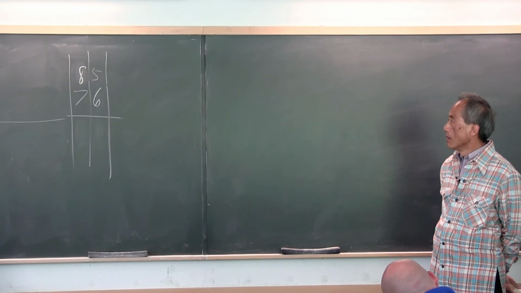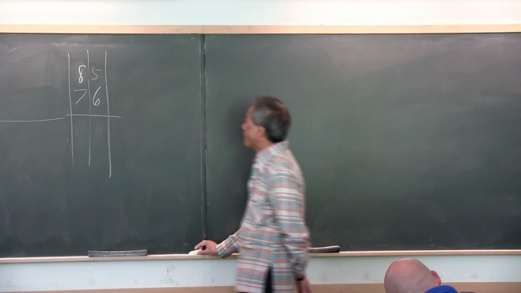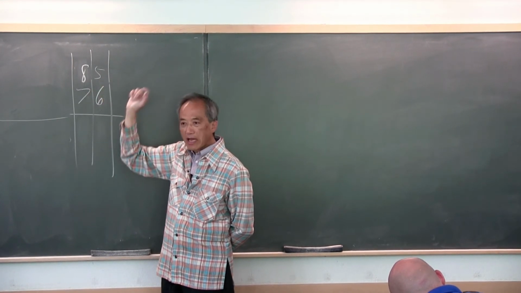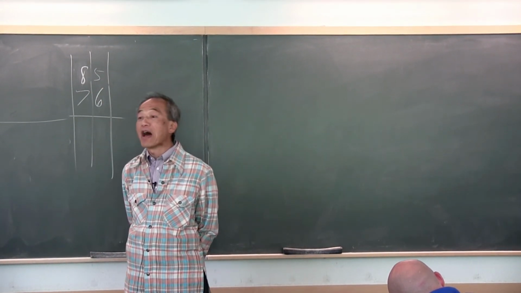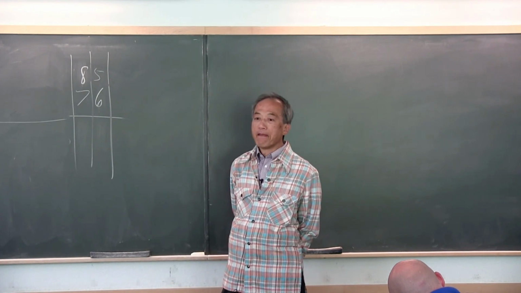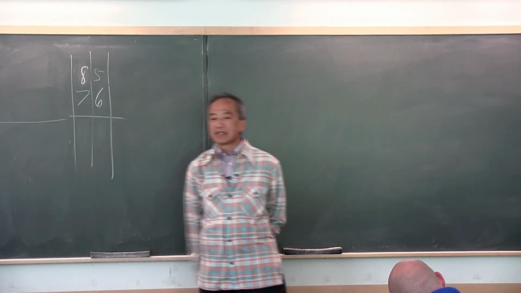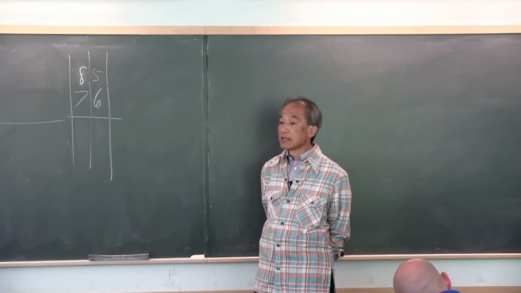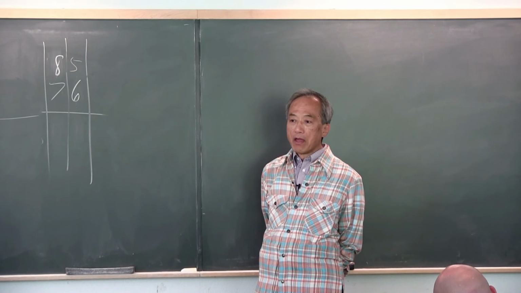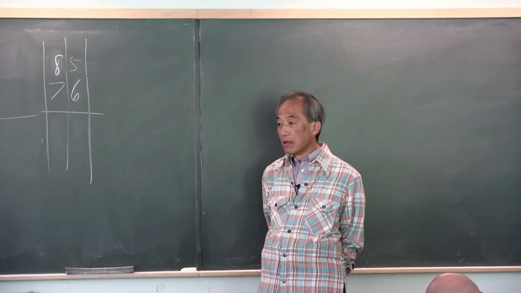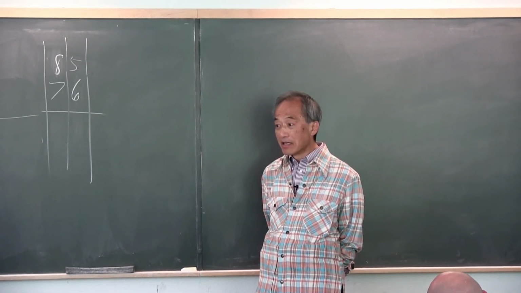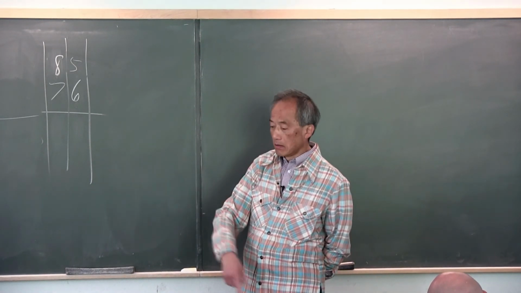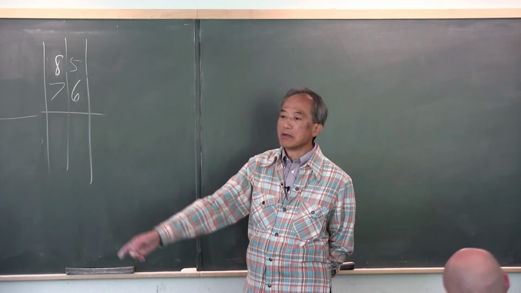addition. The only difference is that now I have one number visualized as 8 bundles of 10 and 5 stragglers. The other number is visualized as 7 bundles of 10 and 6 stragglers, right? You want to add, that means counting, right? That means counting. And the counting is obviously best done by counting the number of bundles.